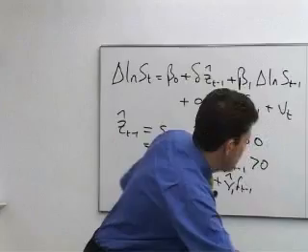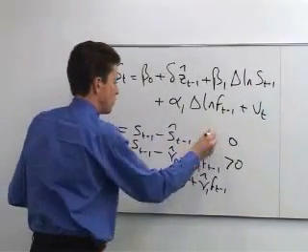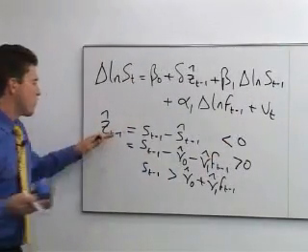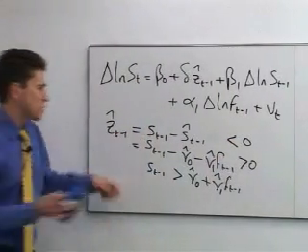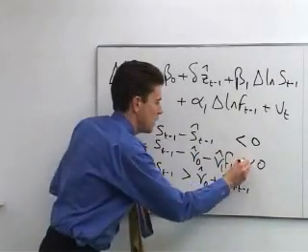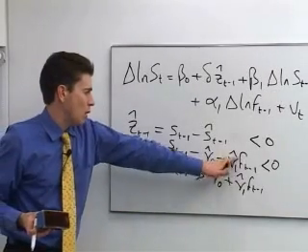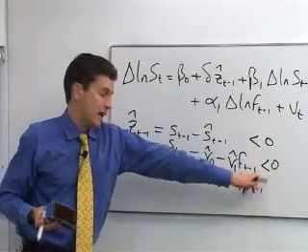What about if this was less than 0? In other words, what if the residual at time t minus 1 is negative? Well, clearly that means that s t minus 1 minus gamma 0 hat minus gamma 1 hat f t minus 1 is negative.